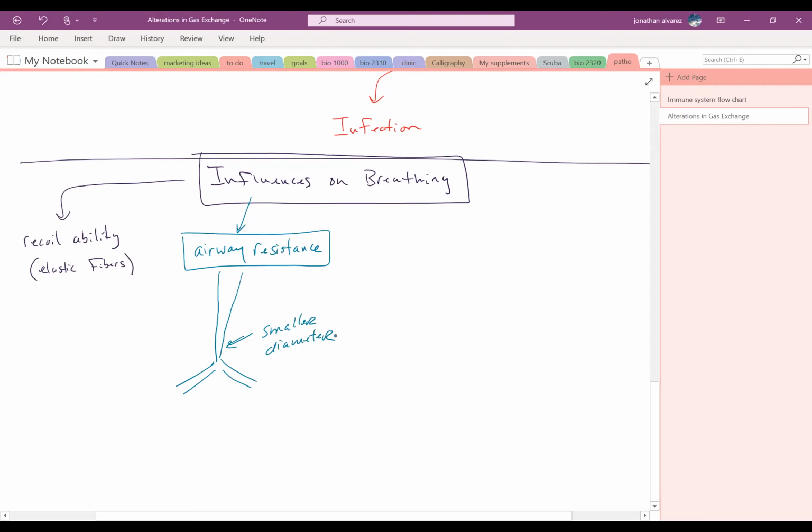So that can change airway resistance if the tube tapers into a smaller diameter. And that can actually continue as it goes all the way out to the alveoli field, right? So trachea, primary bronchi, secondary bronchi, tertiary bronchi, terminal branches, alveoli, kind of like a tree, right? The more centered you are to the trunk of the tree, big and round, big diameter, and the more distal you go to the end of the branches, the smaller in diameter.